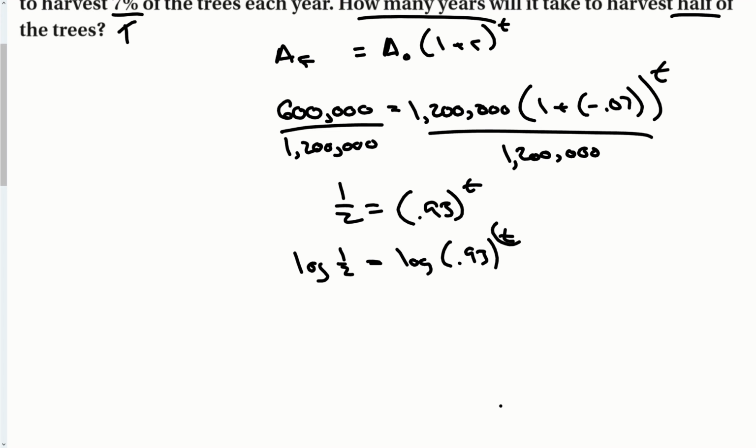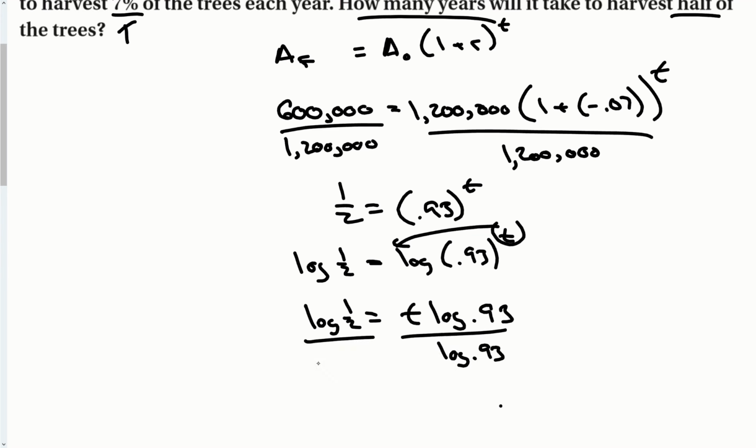Then use the exponential property to bring that exponent to the front. So that's t times the log of 0.93. And then the log of 0.93 is just a number. Divide it out. Okay? And so all that's left is t by itself. These two cancel. And my answer is whatever the log of 1/2 divided by the log of 0.93 is on your calculator.